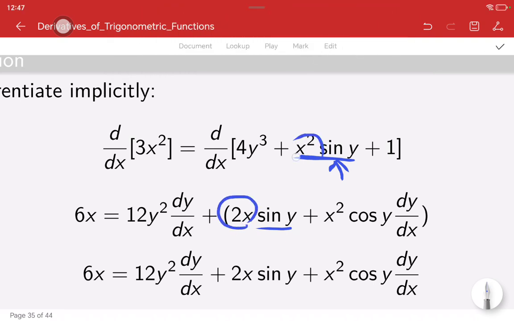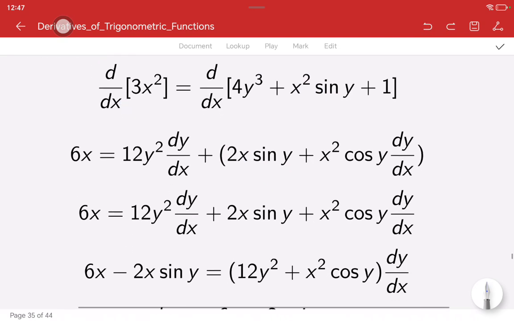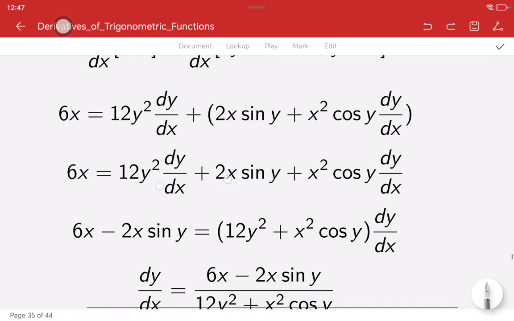Plus, now I keep x squared as a constant and derive sin y, I get cos y times dy over dx. When I derive the 1, I get 0, so I didn't add that 0 because it's pointless. I removed these brackets because they were not necessary.